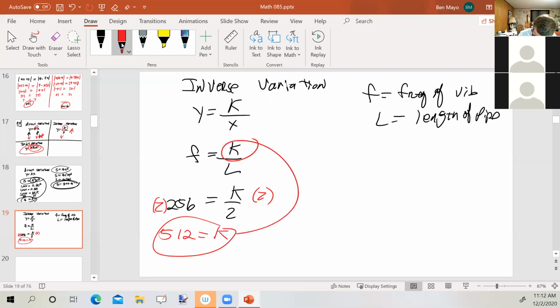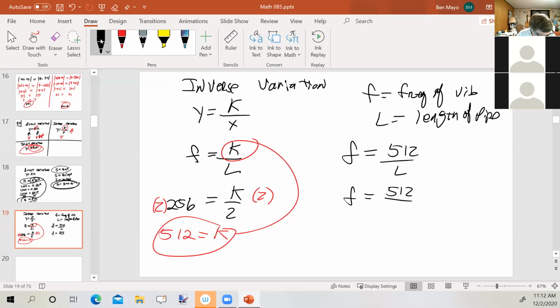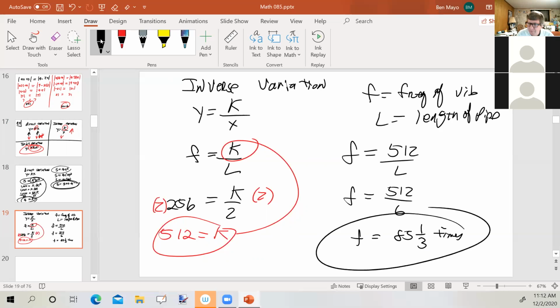Then that goes up here, and our equation becomes F equals 512 over L. How many times per second, so that's the frequency, will a 6-foot pipe vibrate? Putting 6 in, 512 divided by 6 gives 85.3 repeating, which is 85 1/3 times per second. All right with that?